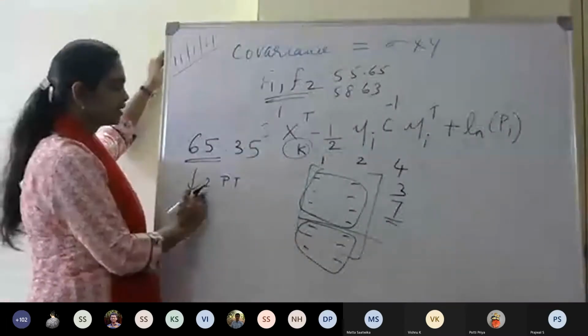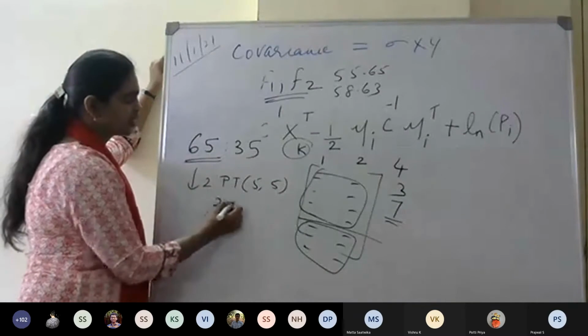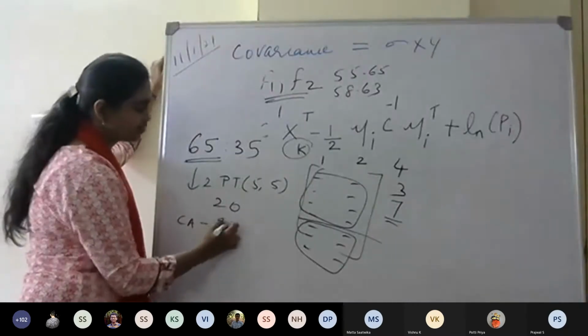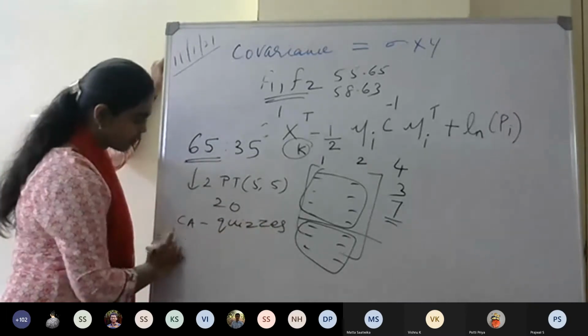Then there is no midsem like last time. So both will have Viva and exam. So 5 for exam, 5 for Viva. So two periodical tests will be for 20 marks. Then continuous assessment. That means we will be having some quizzes and then project.